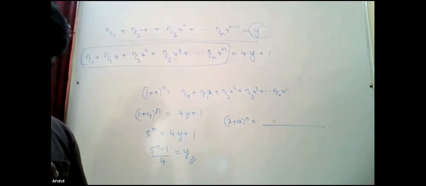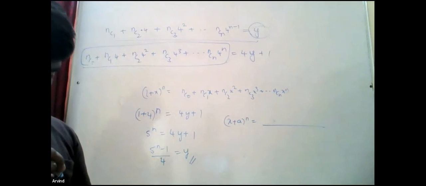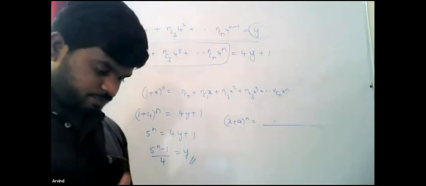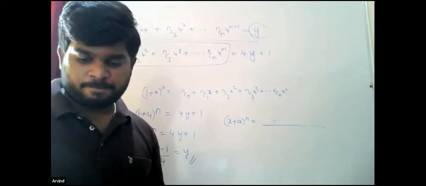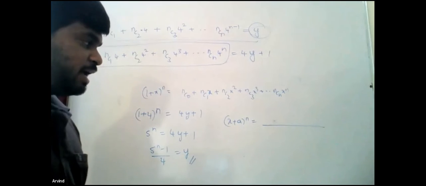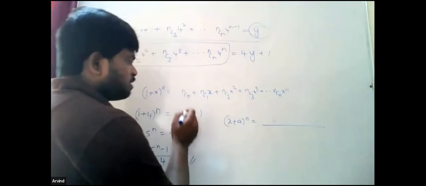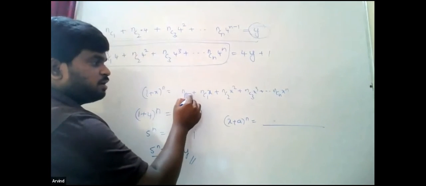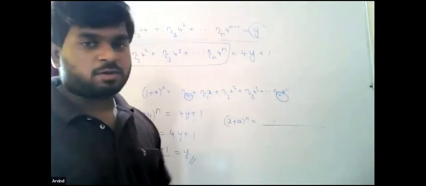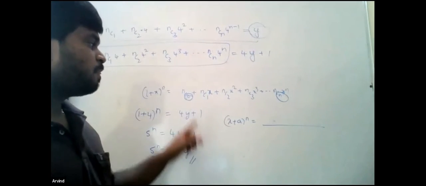Shreyas, Janavi, are you guys there? How many terms do we get? If you observe, you get n plus 1 terms. Why n plus 1 terms? You start at 0 and finish at n. So total how many terms should there be? n plus 1 terms.